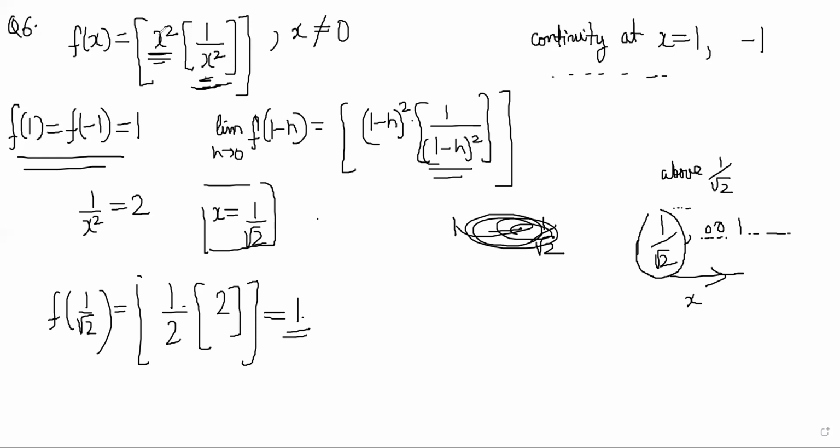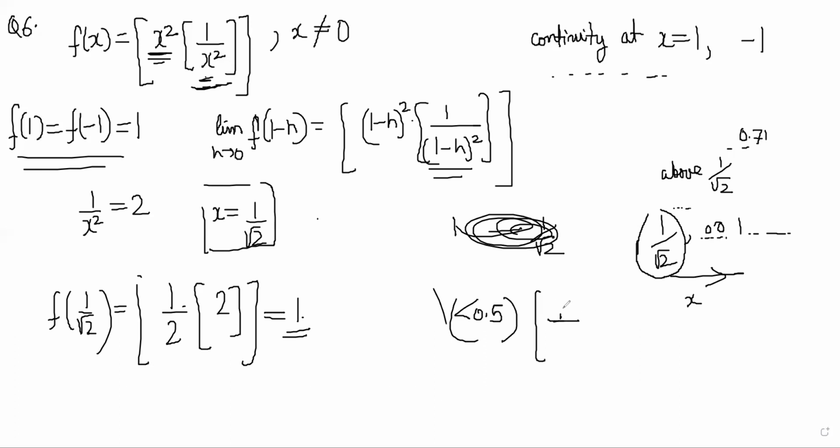Above 0.71, whatever. When you do square, it becomes less than 0.5, right? So this x square is less than 0.5 and GIF of 1 by x square is 2 only.